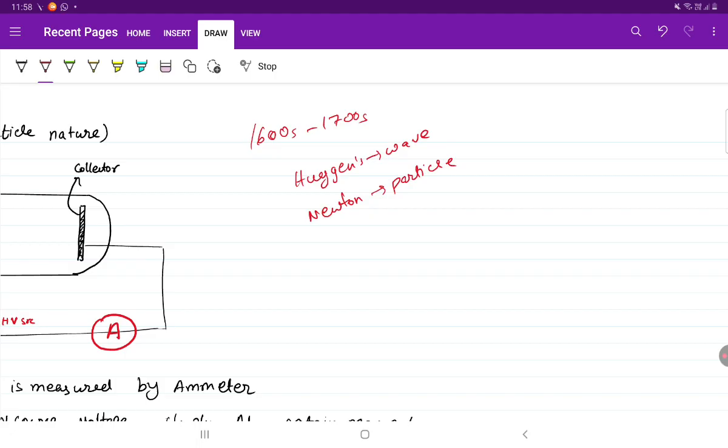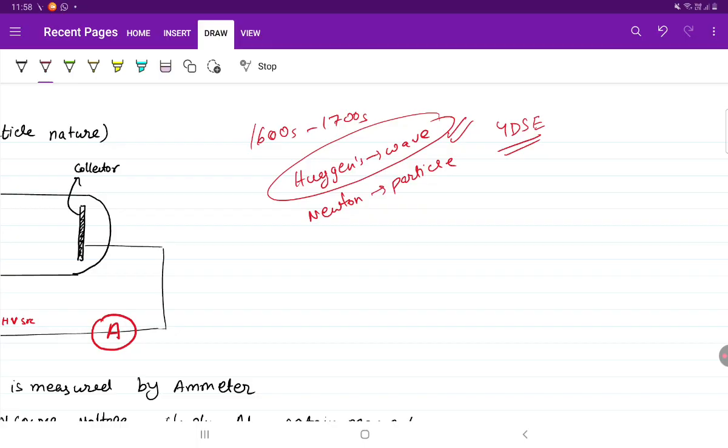I don't know why, but the theory behind Huygens' wave nature was later proved by an experiment called YDSE, the Young Double Slit Experiment. It showed that Huygens' wave nature actually holds true.